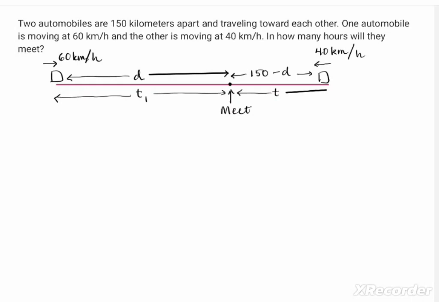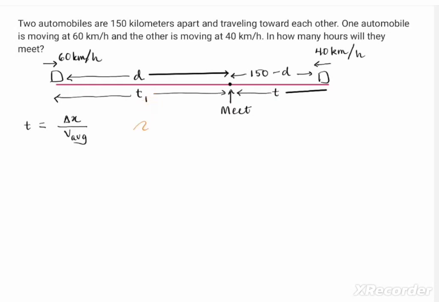So given this information, remember that we have t, which is time, equal to displacement divided by V average. So let's do this for each vehicle.